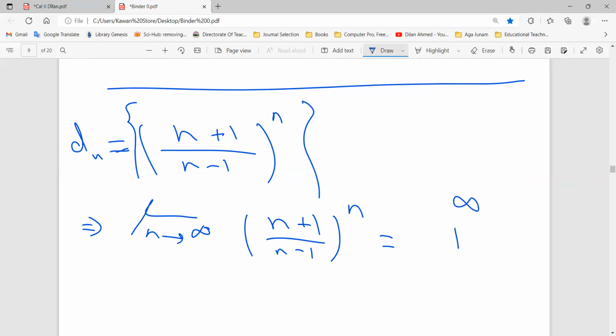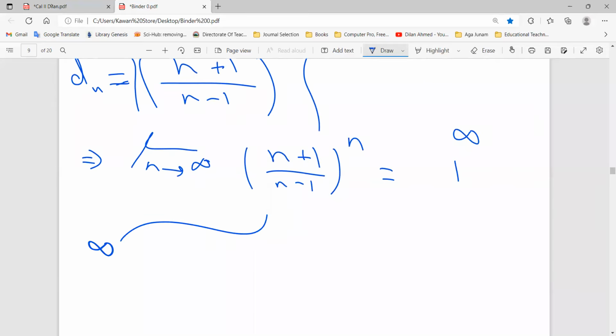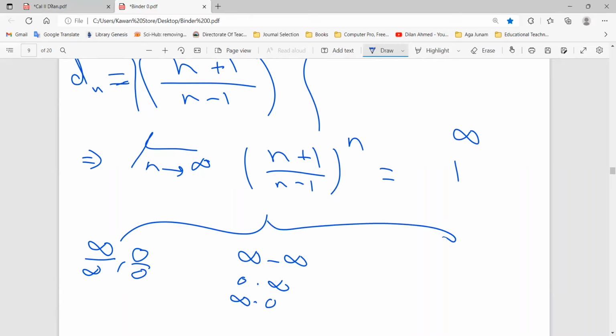We have 3 parts in the indeterminate, the power type.